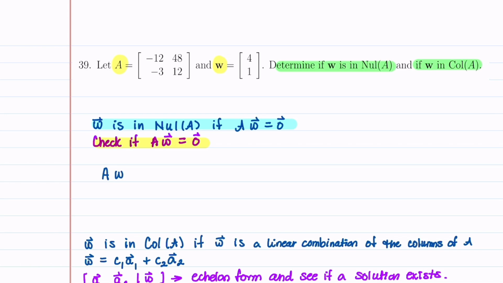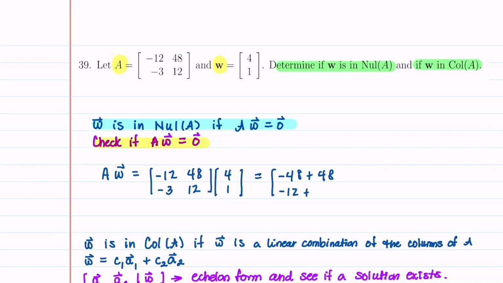Our A times W is equal to our matrix, minus 12, 48, minus 3, and 12, and we multiply that by vector W, 4, 1. What we get is a minus 48 plus 48 for our first component, and then a minus 12 plus 12 for our second component.